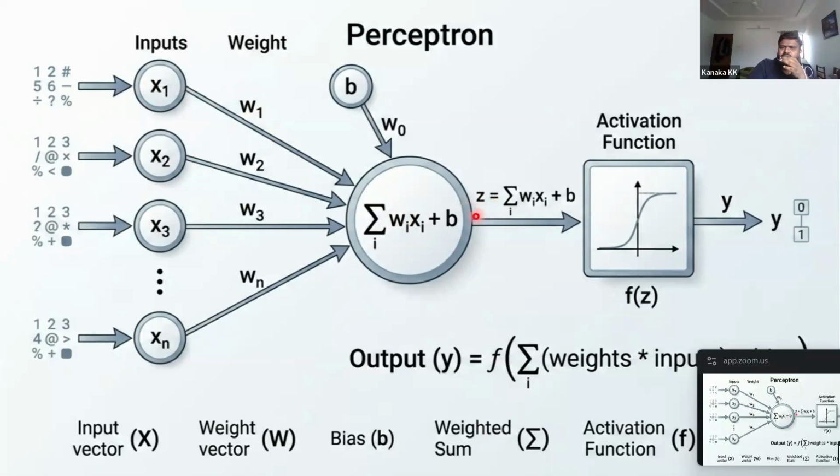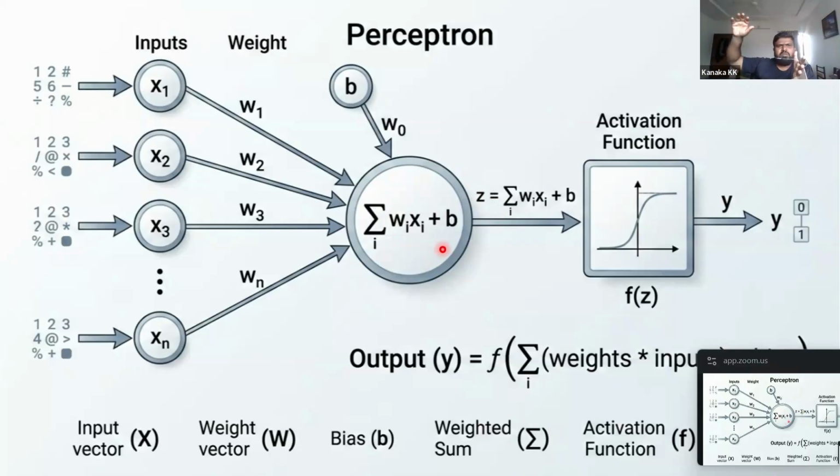Then we input this z, the dot product, into an activation function. There are different activation functions, like step function, ReLU, softmax, Adam. The basic utility of the activation function is this: the value of z, which is calculated at this dot product step in the hidden layer, can have a very wide range.